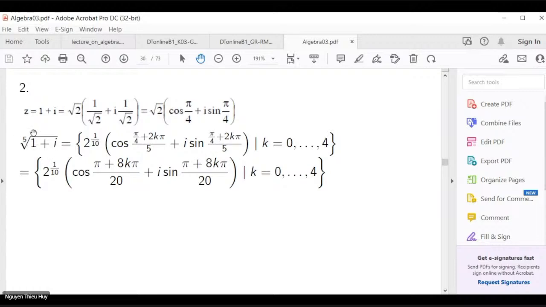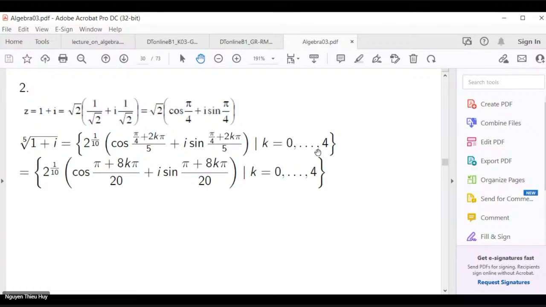This set will contain 5 different elements, and so you take square root of 2 to the power 1 over 5. 1/2 multiplied by 1 over 5 is 1 over 10, so we obtain 2 to the power 1 over 10 times cos of (pi over 4 plus 2k pi) over 5 plus i sin of (pi over 4 plus 2k pi) over 5, such that k runs from 0 to 4.